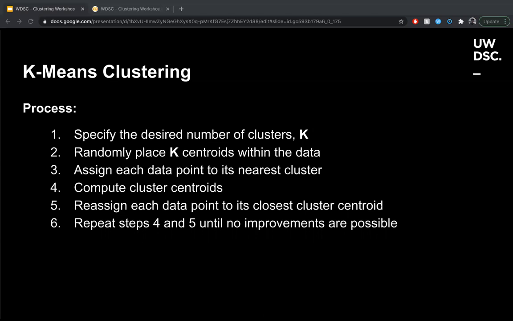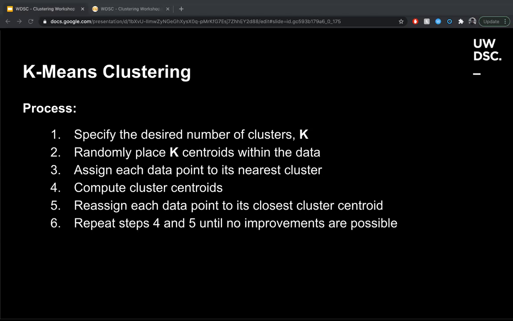The first step is to specify the desired number of clusters, and we call that number k. That's where the k-means comes from. The second step is to randomly place the k centroids within the data.